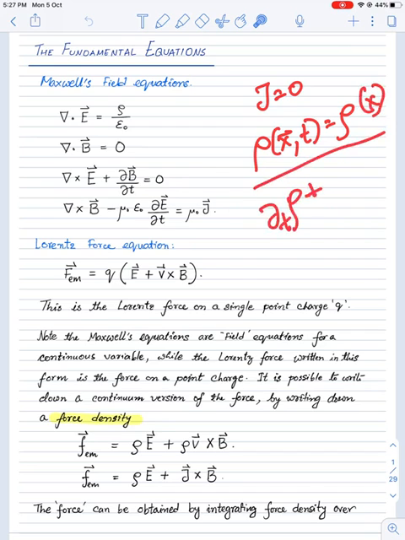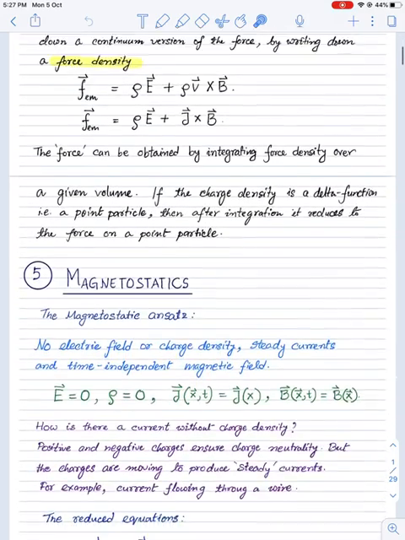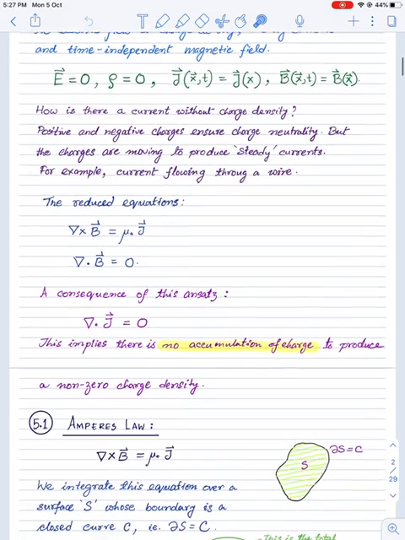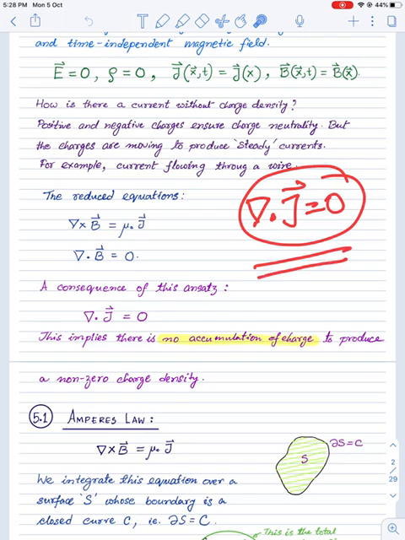So del t of rho plus divergence of J is trivially satisfied for electrostatics, because the time derivative will kill the first term and J is 0. But for magnetostatics, the current density is not 0. It can be a non-trivial function of space, but it should be true that current conservation is valid, and that would simply imply that the divergence of J equals 0.